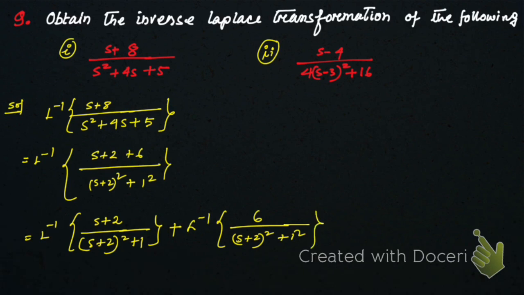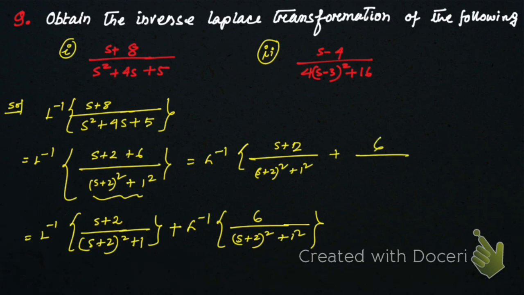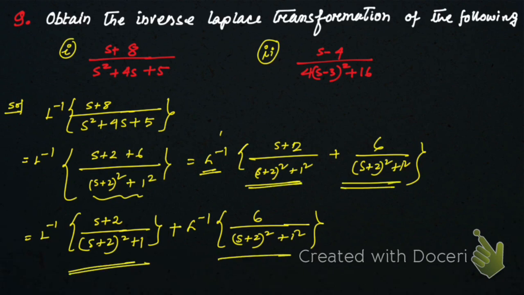So you can write this expression this way: inverse Laplace transformation of s plus 2 by the denominator, that is s plus 2 whole square plus 1 square, then plus 6 by s plus 2 whole square plus 1 square, right? So again you can find the inverse Laplace transformation separately of these two, so that is what I have done, and I have skipped these steps.